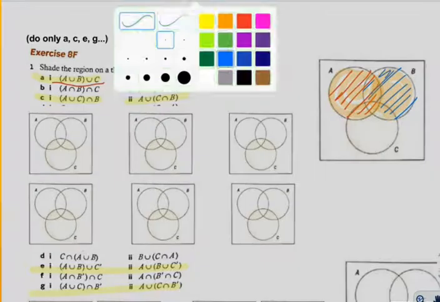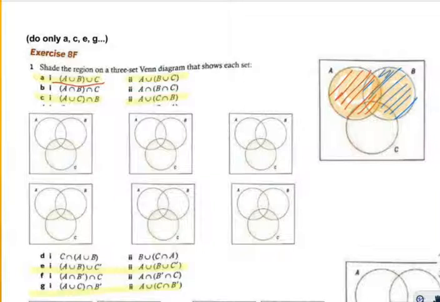And then C would be this, and again I'm doing union. So if I union that together with that, it includes everything again. So for A1, I would say yes. It would be like all this, right?